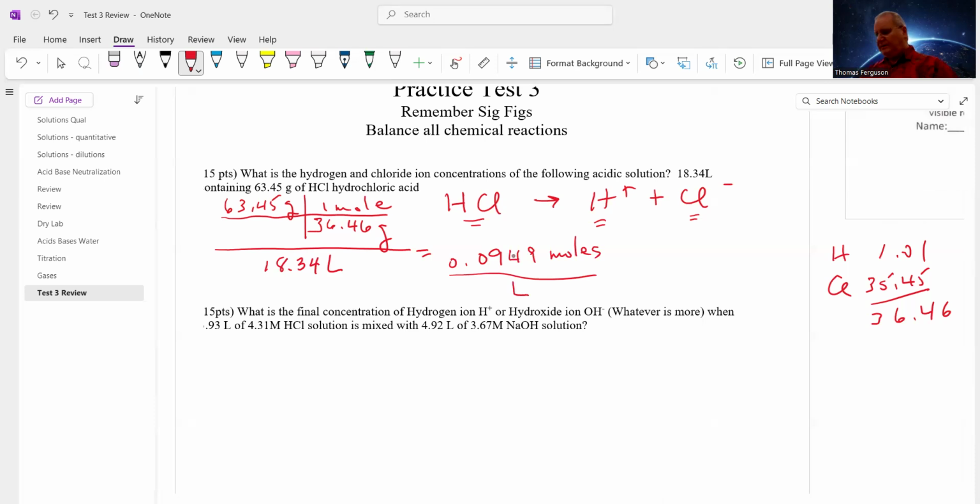Now, because it's 1:1:1, the concentration of HCl is the same as the concentration of H plus and the concentration of Cl minus.